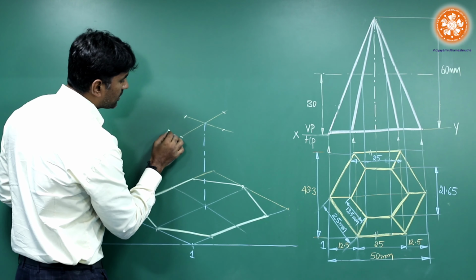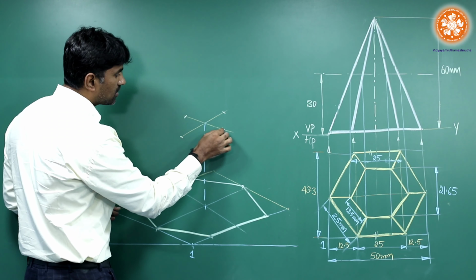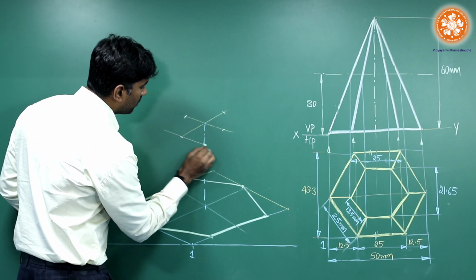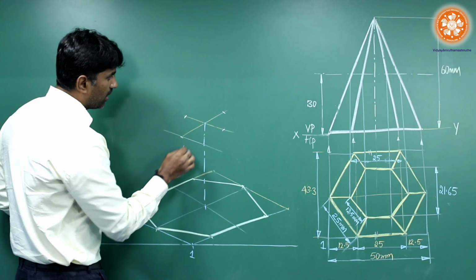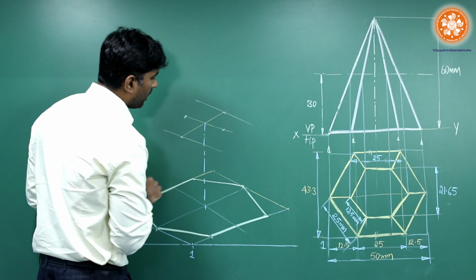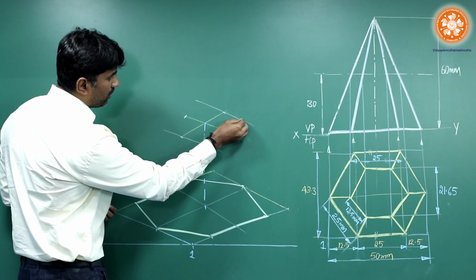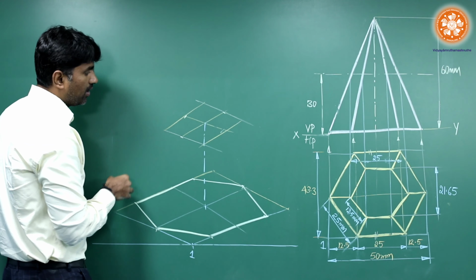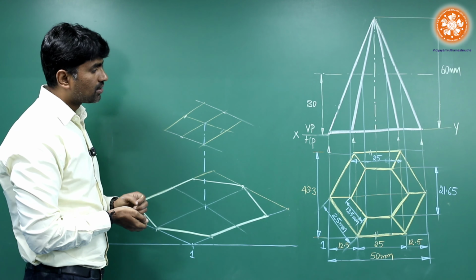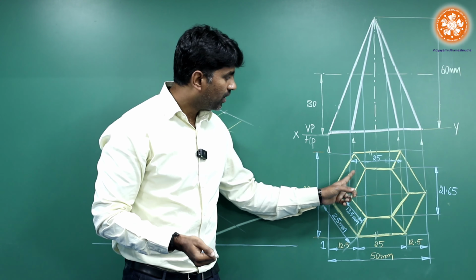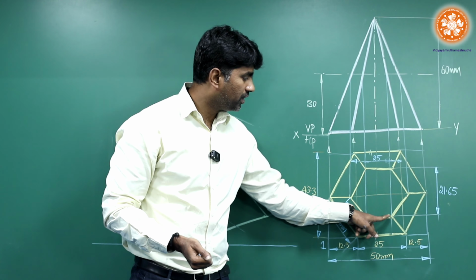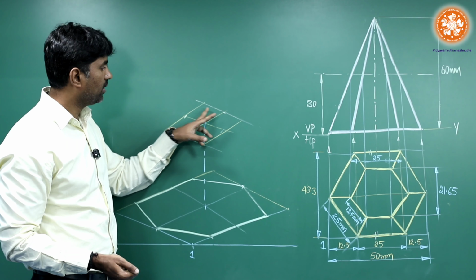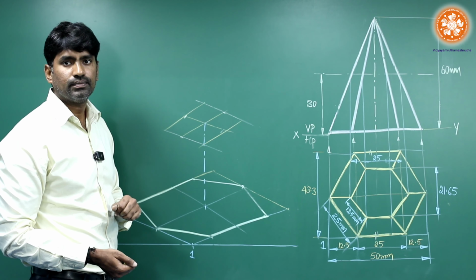The next task is you need not join this directly. Please ensure you draw all the lines parallel to this 30-degree line, and again this line parallel to this 30-degree line, and again the same. The next concept remains the same. Identify the dimension of all these points, replace them the same way and complete that hexagon.